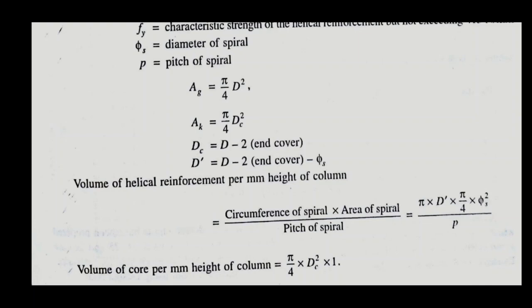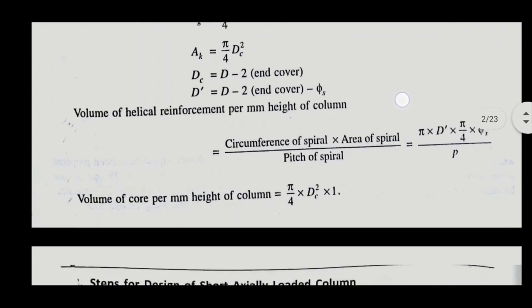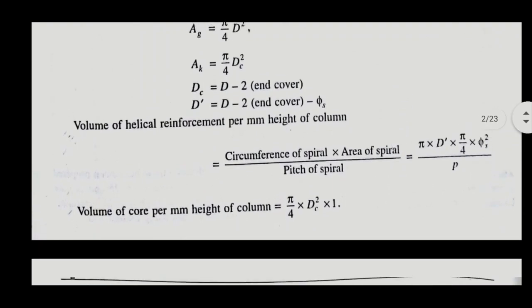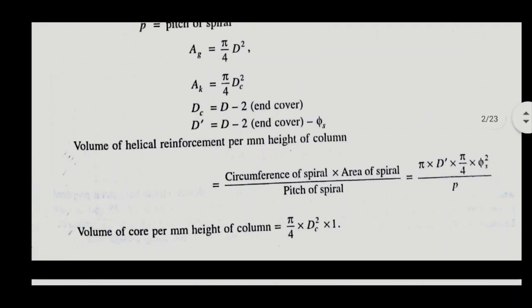Volume of core per mm height of column is pi by 4 into Dc square into 1. And the steps for designing are the same as for lateral ties, which we covered in the previous lecture. So let's solve a problem that will help you to understand these assumptions better.